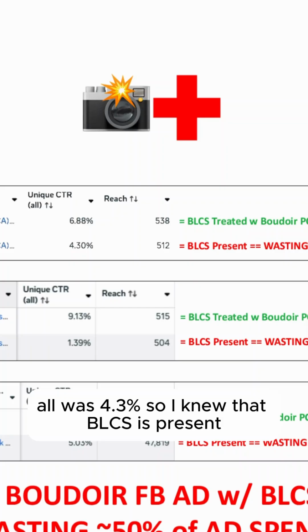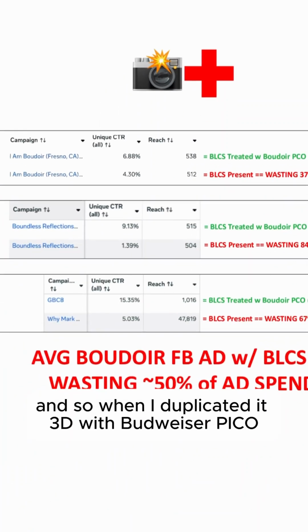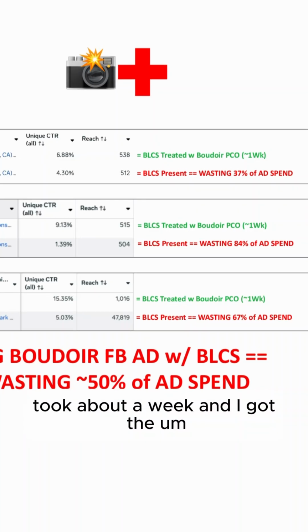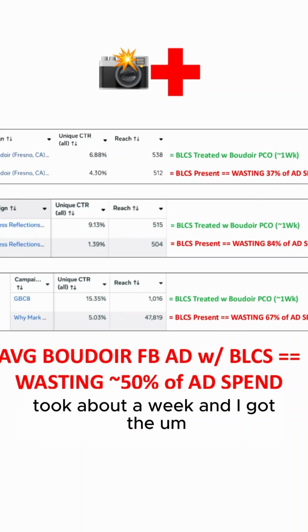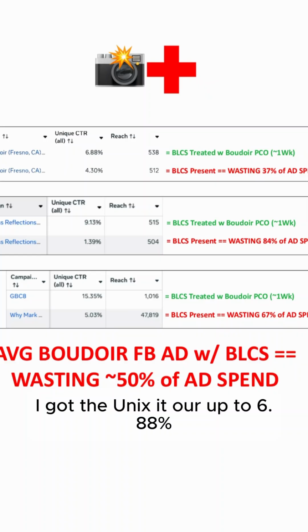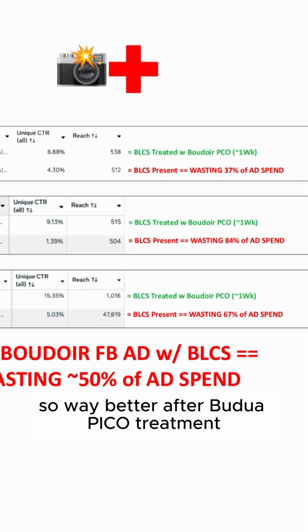So that's under 6%, so I knew that BLCS is present. And so then I duplicated it, treated it with Boudoir PICO, took about a week, and I got the unique CTR up to 6.88%. So way better after Boudoir PICO treatment.